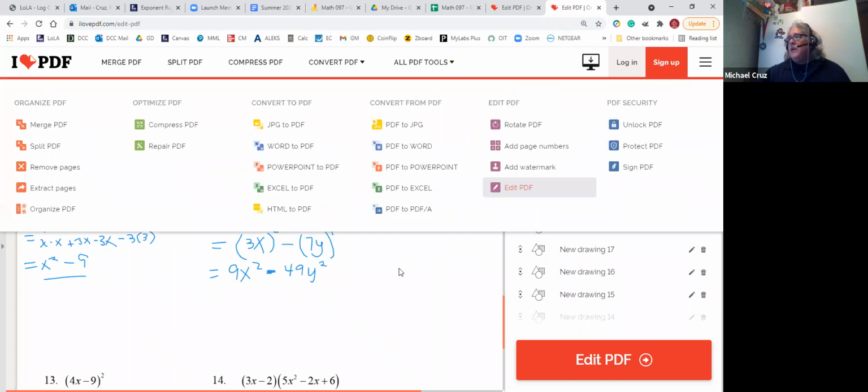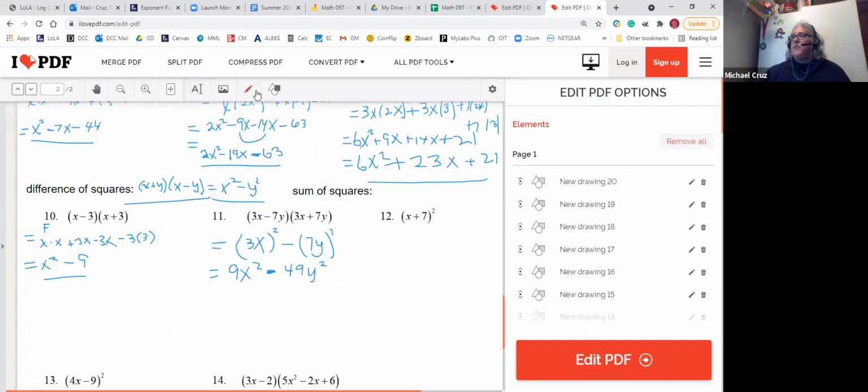And it's basically this. It's a little bit more complicated, but basically it's this. If you square a binomial, you're going to have this pattern here.